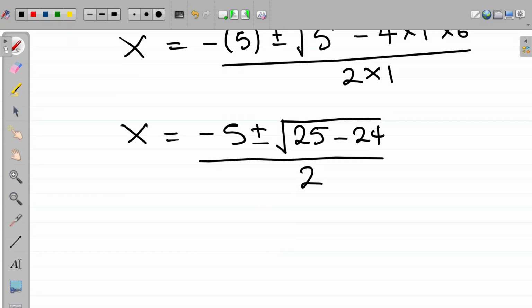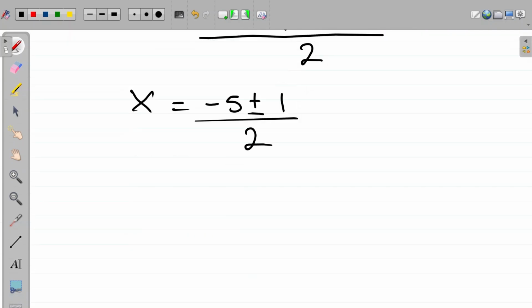So now the equation reduces to minus 5 plus or minus 1 divided by 2. This is because 25 minus 24 is 1, and the root of 1 is 1.